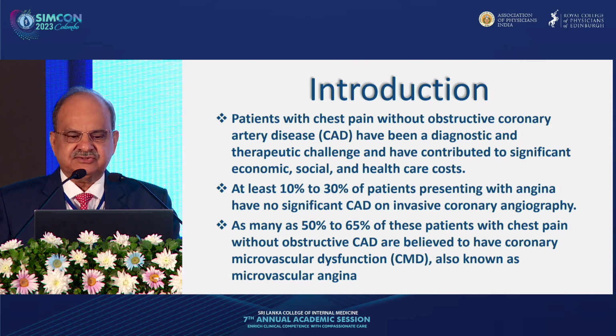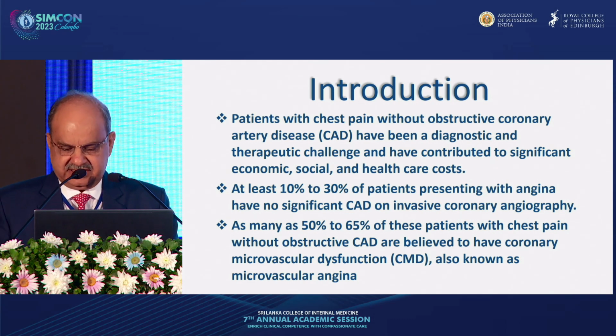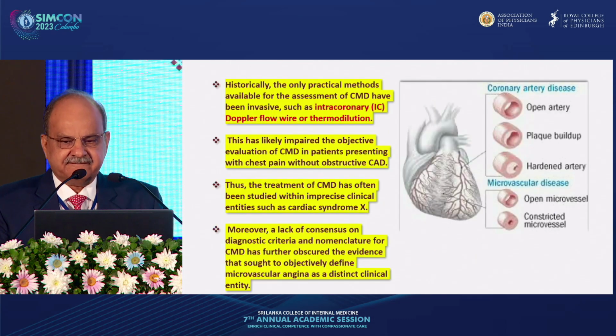At least 10 to 30% of patients presenting with angina have no significant coronary artery disease on invasive coronary angiography. And as many as 50 to 65% of these patients with chest pain without obstructive coronary artery disease are believed to have coronary microvascular dysfunction, also known as microvascular angina.